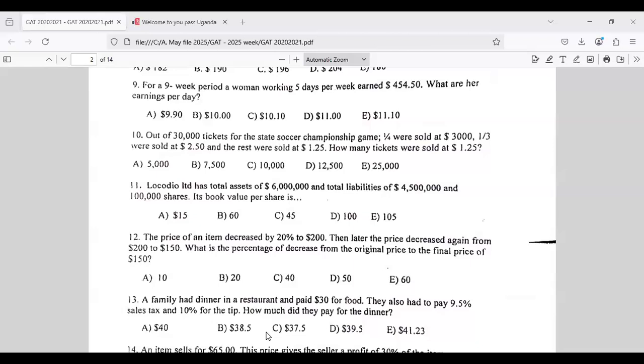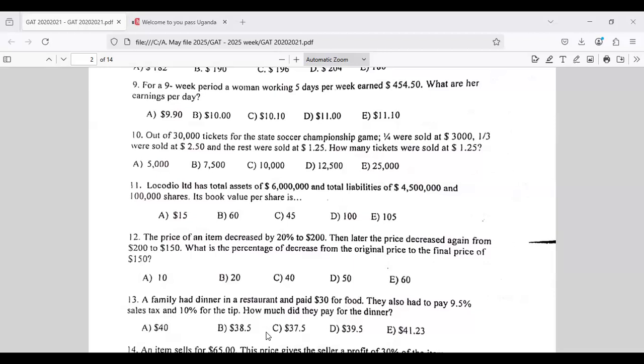So for 10, we've been told that out of 30,000 tickets, for the state soccer championship game, a quarter were sold at $3,000, whereas a third was sold at $2.5, and then the rest was sold at $1.25.